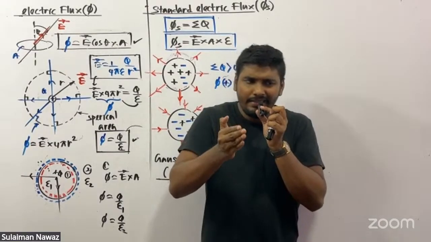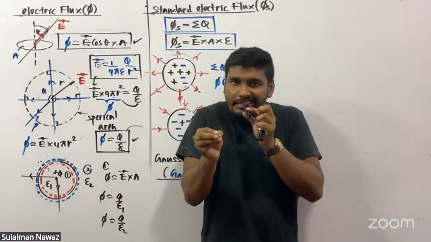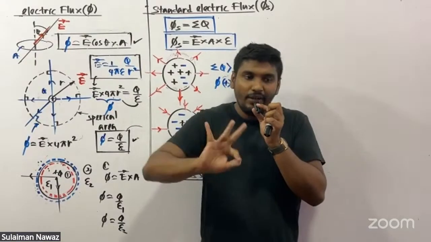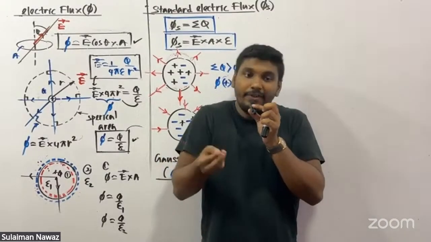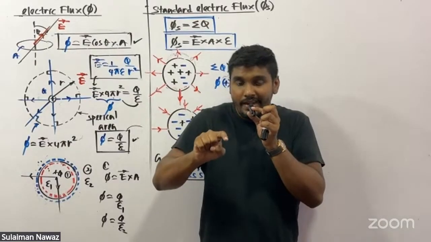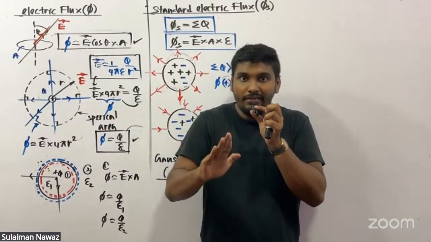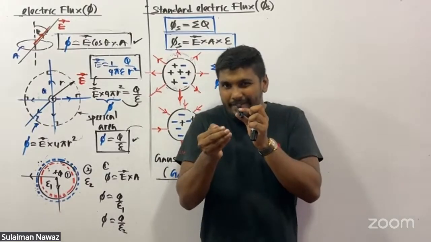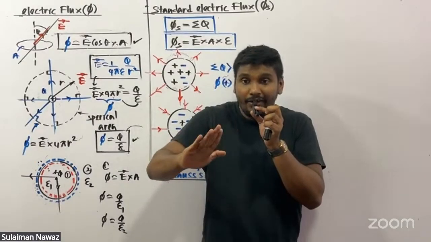Depending on how these charges are concentrated, how they are distributed or spread on a certain object, we can define them into different charge distributions: linear charge distribution, area charge distribution, and volume charge distribution. Now, by the name you understand. Charge distribution means how the charges have spread on a certain object.